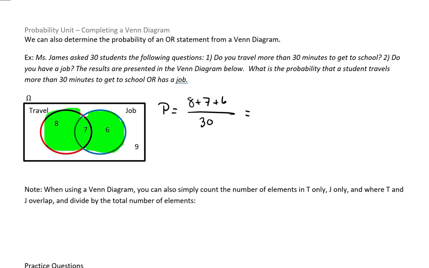And if we have 8 plus 7 plus 6, that's 21 over 30. So our probability, 21 over 30. We can reduce that if we want to 7 over 10. Okay, so this is a little bit faster if we have a Venn diagram.